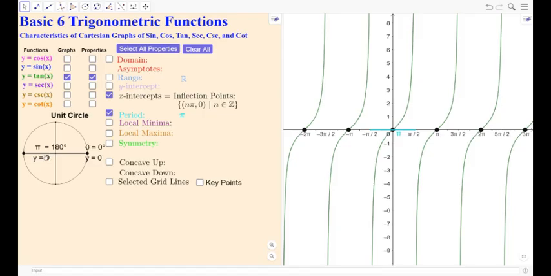The reason this works is because when you rotate an extra pi, you get opposite rays. Opposite rays have both opposite x and y, and those divide out to be the same ratio. y over x is the same as minus y over minus x, and so they have the same tangent. And so with tangent, we get this bonus that the period is only pi instead of 2 pi.